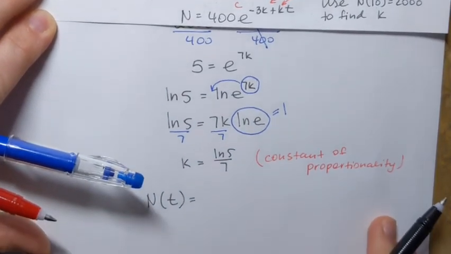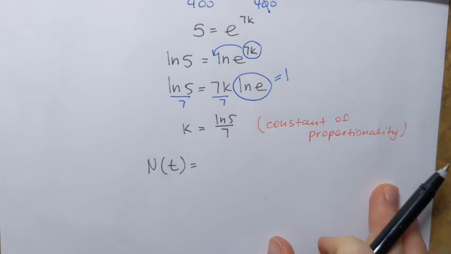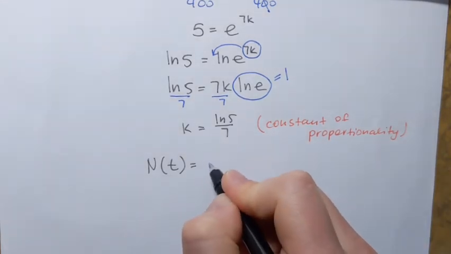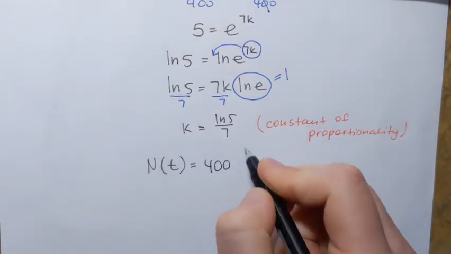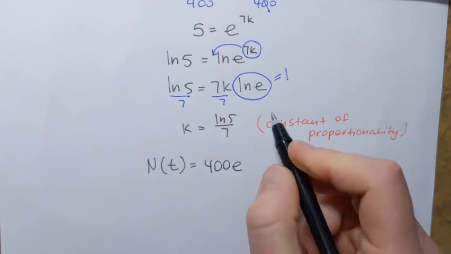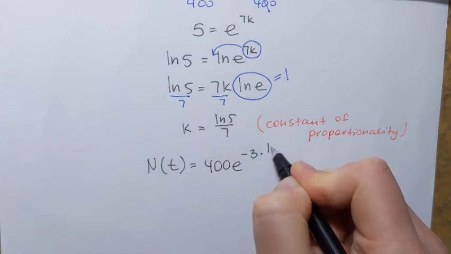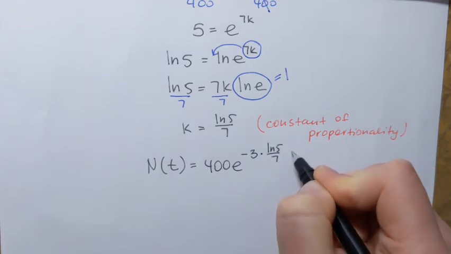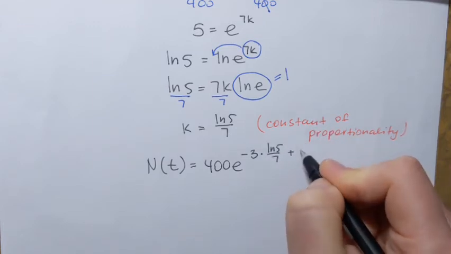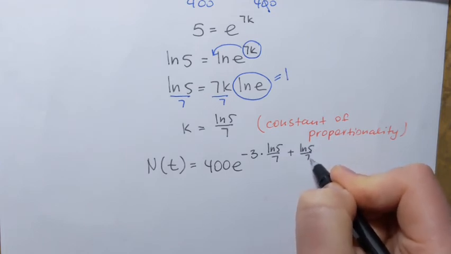It will not look too pretty, but that's okay. We'll use a calculator to finish this problem. So here's the function: 400 e to the power -3 times k, k is ln of 5 over 7, plus k, ln of 5 over 7, t.